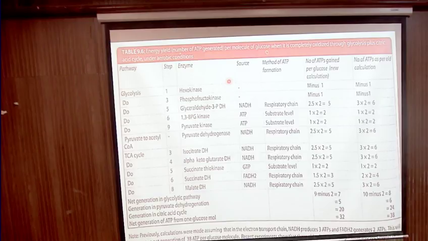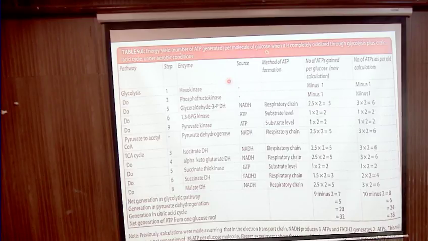But one other important thing about TCA cycle, apart from the ATPs, are some of its intermediates. Now these intermediates, like we told, it's an amphibolic pathway, which meant it is both catabolic and anabolic. So we are also concerned about that anabolic process.